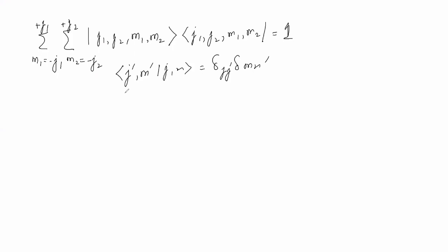Now, again, try to understand this. I am writing <J' M'|J M> as delta J J' delta M M'.